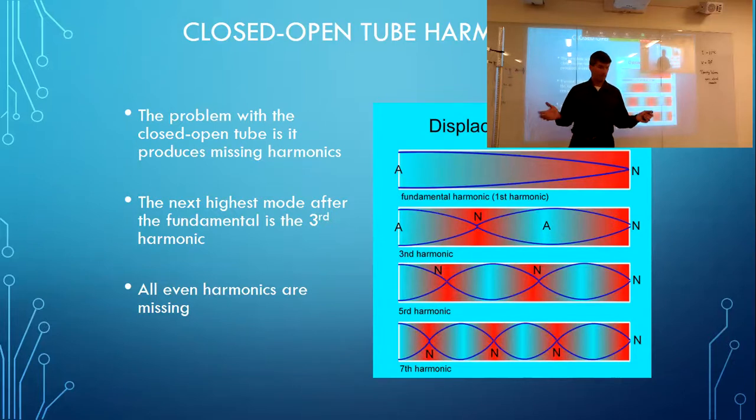When we did the wave on a string, all we had to do was look at the size of the loop, and our wavelength was simply twice that size. Here, because our standing waves don't have nodes bound on each side of the tube, we have to consider this extra little antinode sitting at the open end.